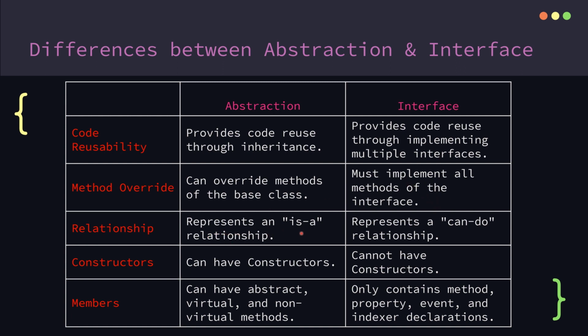Abstraction represents an is-a relationship, whereas interface represents a can-do relationship. Abstraction can have constructors, whereas interface cannot have constructors. For the members part, abstraction can have abstract, virtual, and non-virtual methods, whereas interface only contains method, property, event, and indexer declarations.